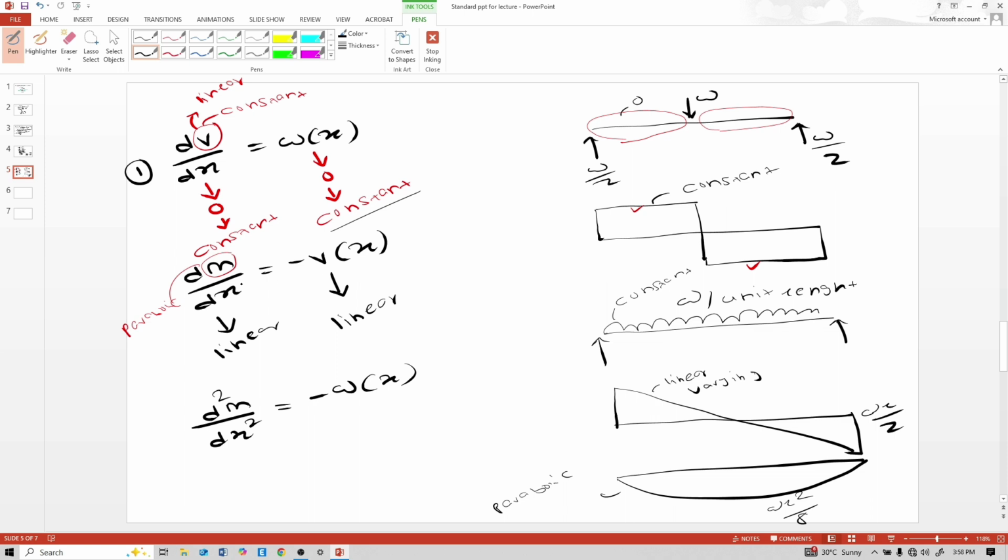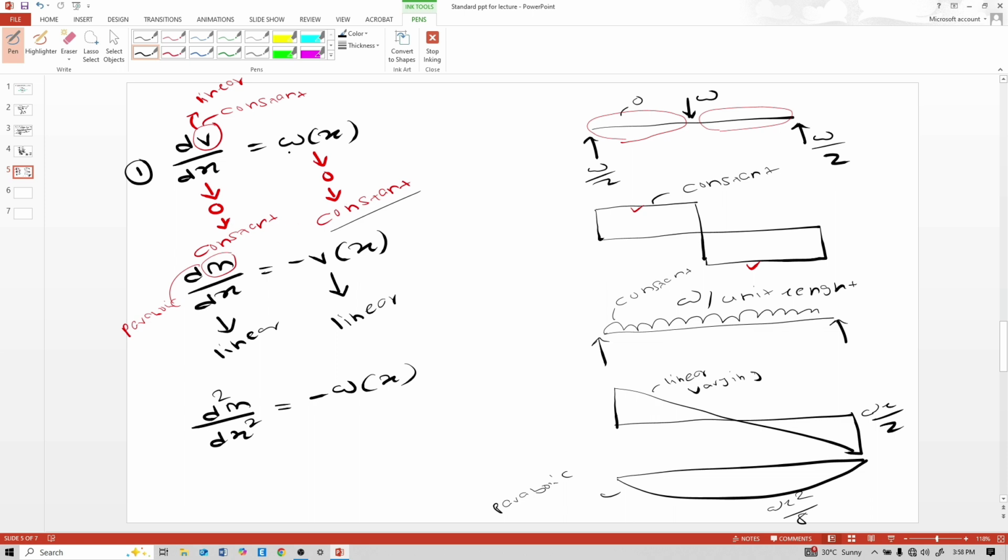See shear and moment, there is 1 order higher relation. If shear is linear, then moment is parabolic. If shear is constant, then moment is linear.